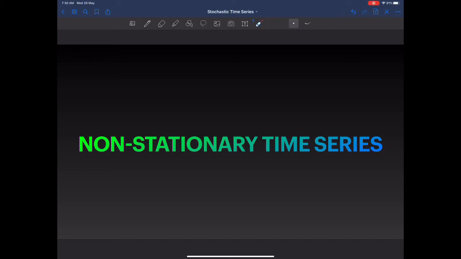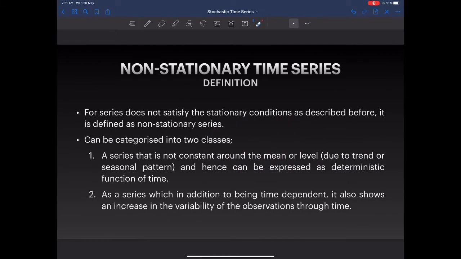So in this video session, we will look at the properties of non-stationary time series. In general, if the series does not fulfill the stationary condition as we discussed before, we define the series as a non-stationary series.